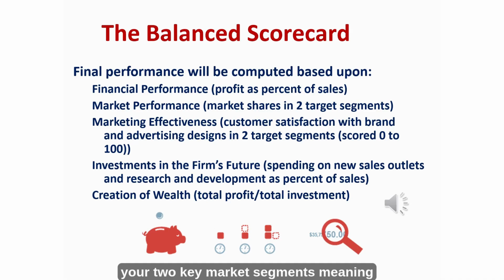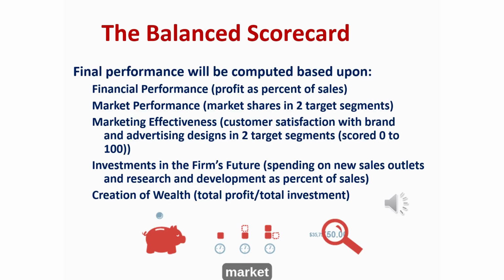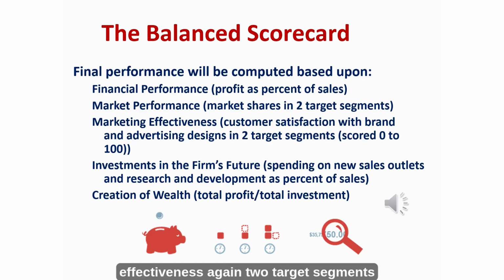So you better be sure you're doing well in your 2 key market segments, meaning like speed and rec. Marketing effectiveness, again, 2 target segments: customer satisfaction with brand and advertising design. So make sure that's where you have your good brand scores, on those 2 target segments.